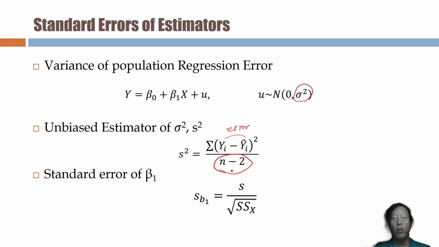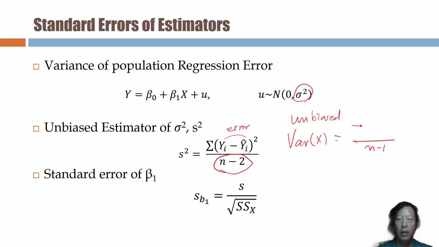Usually for the regular variance formula, for the unbiased sample variance, we divide by n minus 1, right? Do you remember?